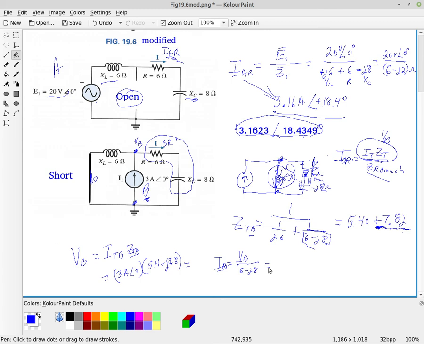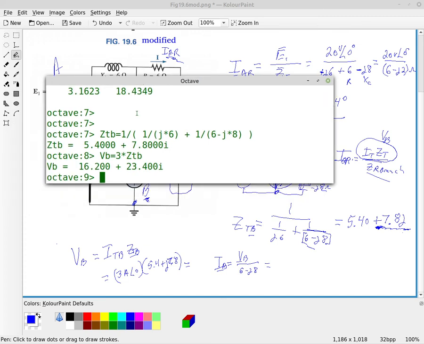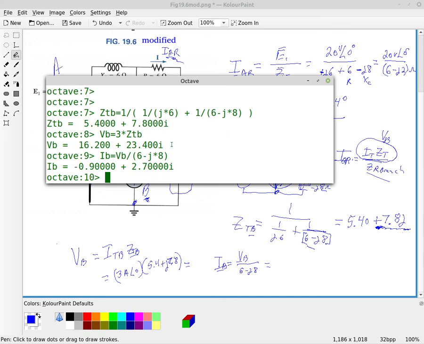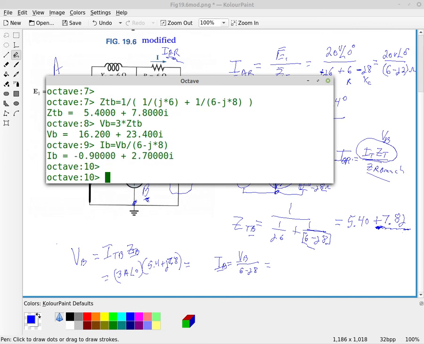So we can calculate that. IB is going to be VB, which I have as my variable here, the 16.2 plus J23 in rectangular form, divided by parentheses 6 minus J times 8. And so this now is the current in rectangular form.